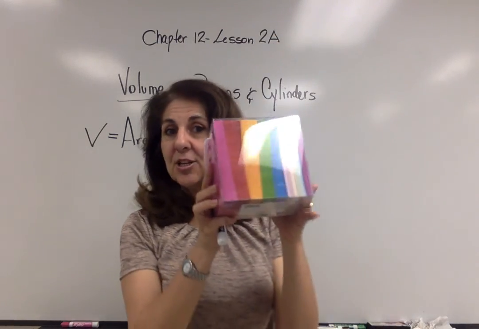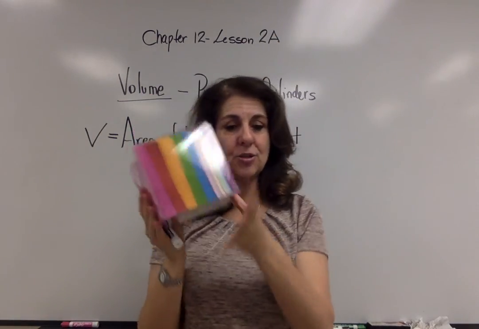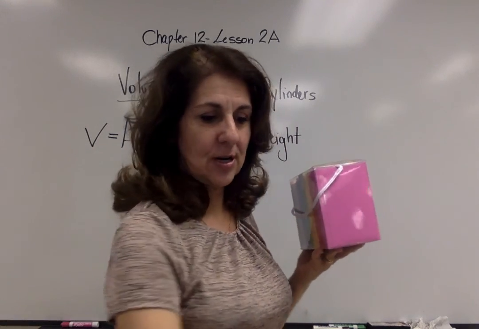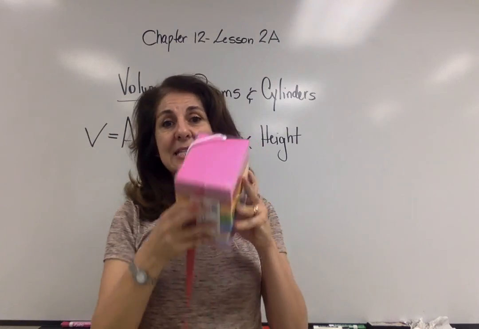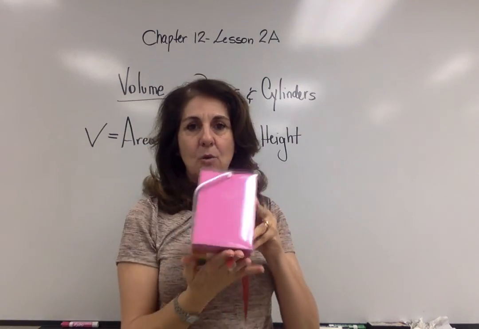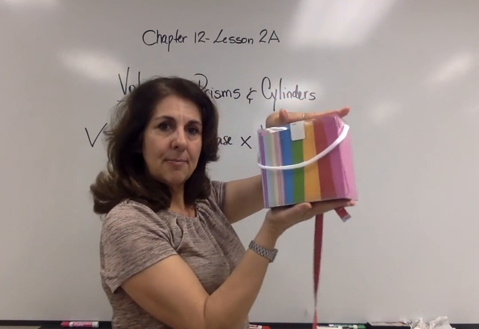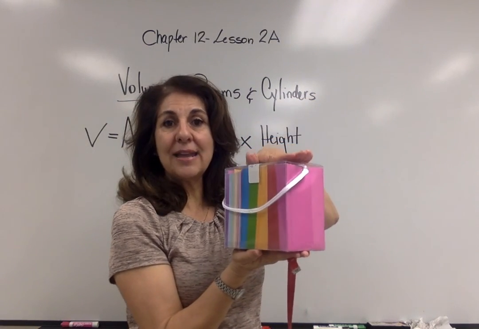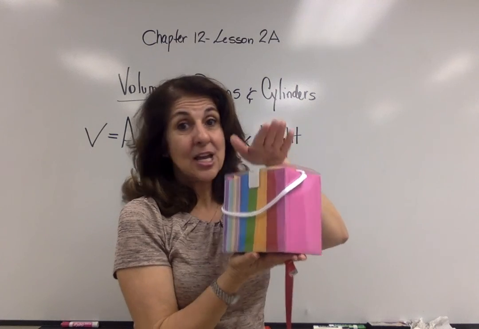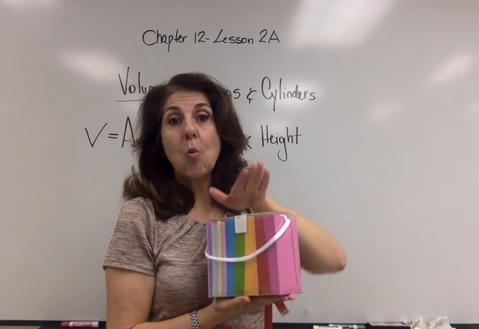I'm going to get my container again, and I'm going to measure it. I brought my tape. This here is the base, and there are 2 bases, bottom and top. What I have to do is find the area of just one of them, not multiply by 2.